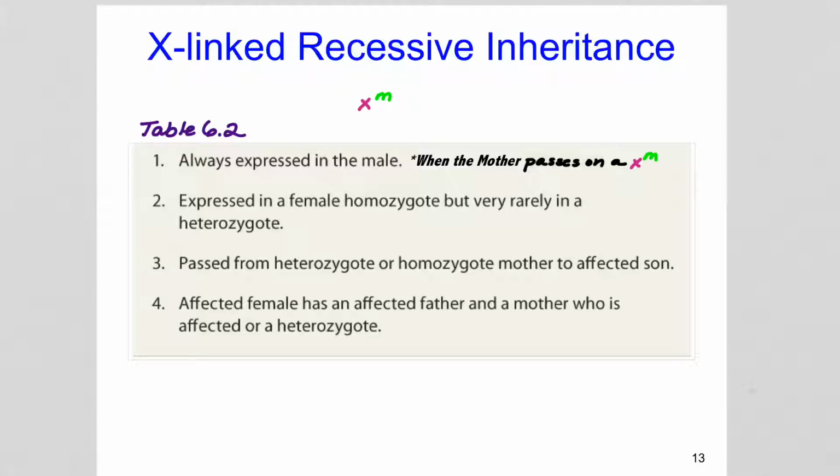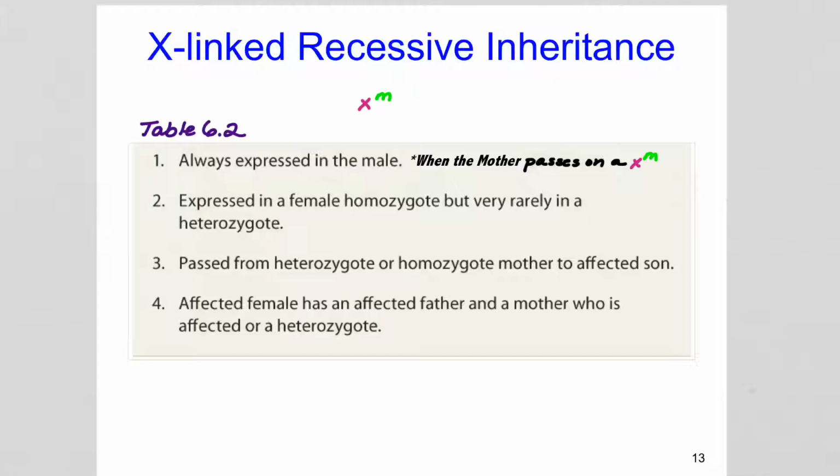So to denote that as a genotype, and in this case I'm just showing half of the genotype, we use the lowercase x with a superscript m to denote the mutation. So these types of conditions are always expressed in the male when the mother passes on an X chromosome that carries the mutation. We've already discussed how men only have one X chromosome, so whatever they inherit, that is what's expressed.